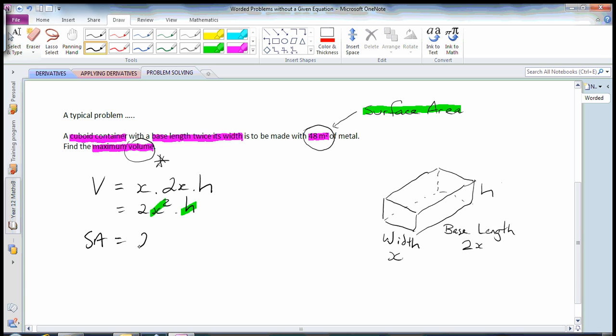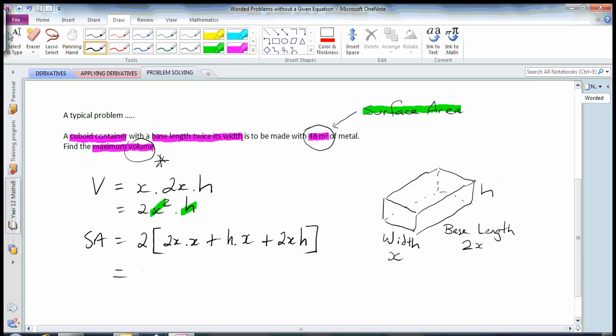So surface area, there's going to be 2 of every side. So if I open up a bracket there, we've got 2 times the width times the base, so we've got 2x dot x, plus the height times the width, plus the base times the height. And there's my expression for surface area. So let's just tidy that up a little bit.